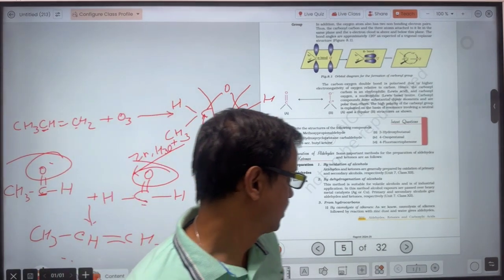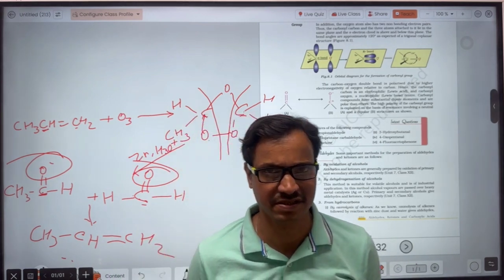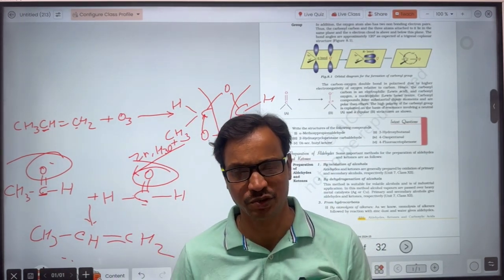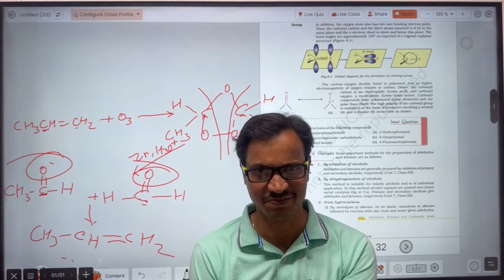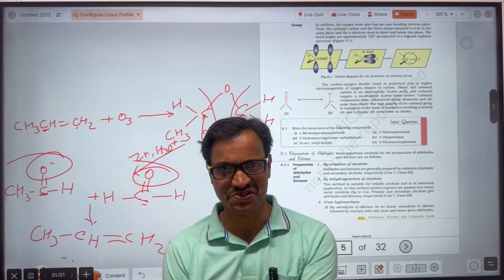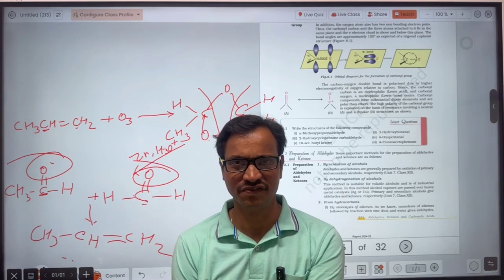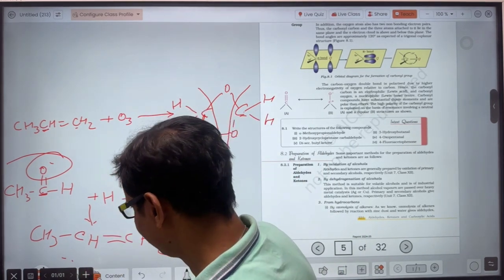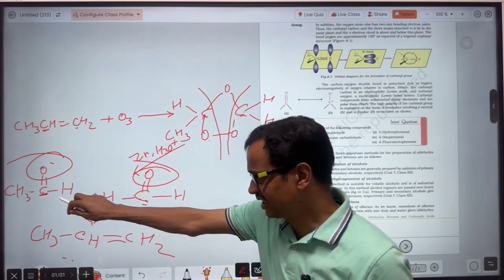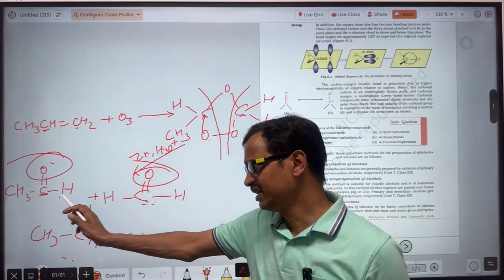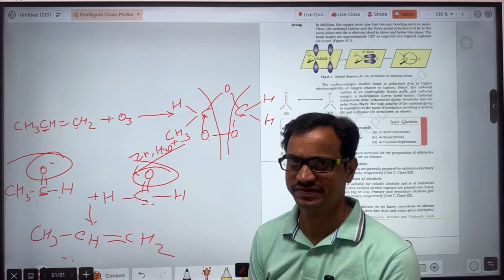So that means the ozonolysis of alkene is used to predict the position of the double bond in the compound. Ozonolysis of alkene can be used to predict the position of the double bond in the alkene. Okay. So here also ethanal and methanal have been formed. So here both aldehydes have been formed.